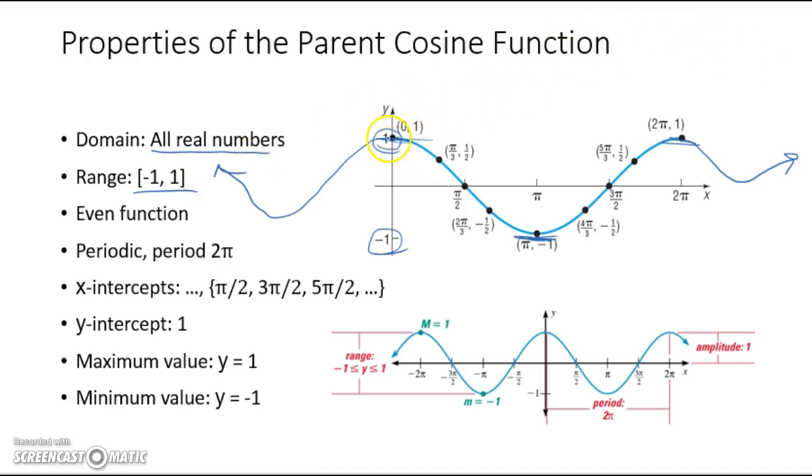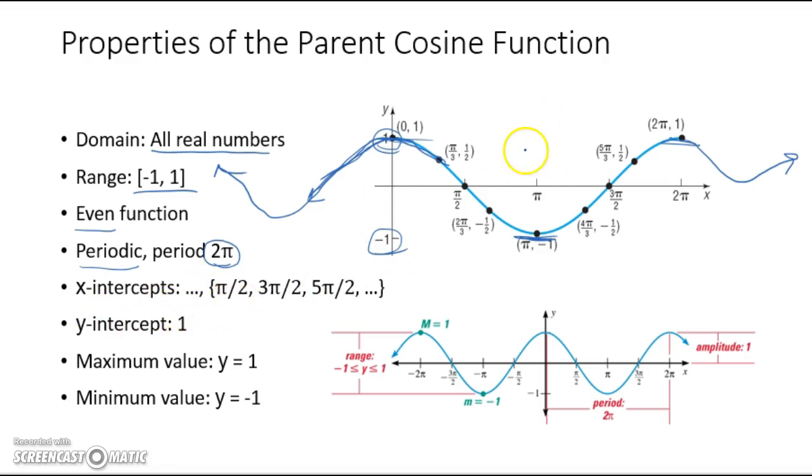Cosine is an even function. Remember, even functions are defined to be functions that are symmetric about the y-axis. And it turns out that cosine is even. It is also a periodic function just like sine, and the period is 2 pi because of that unit circle.